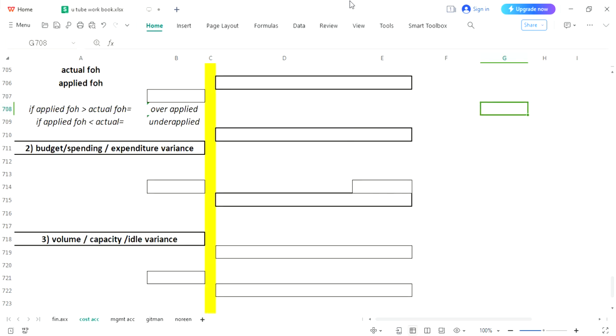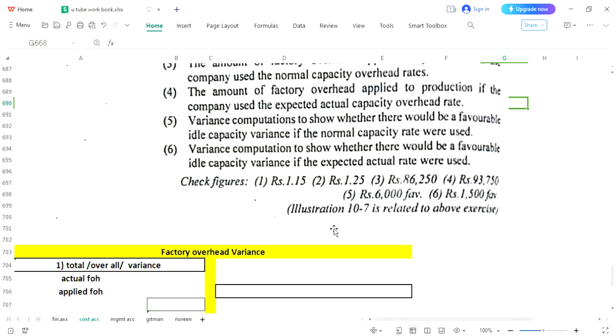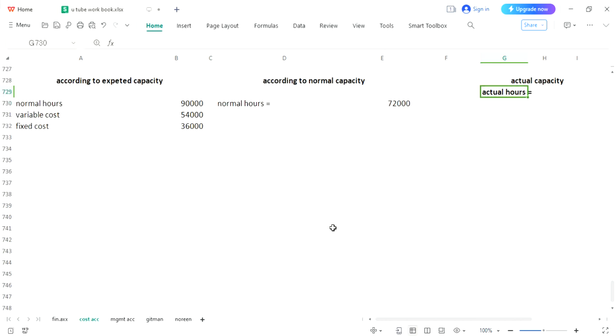Actual hours are 75,000. Okay, so we are going to put 75,000 hours over here.